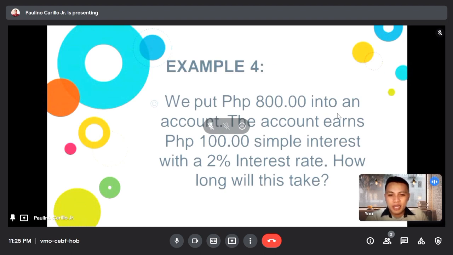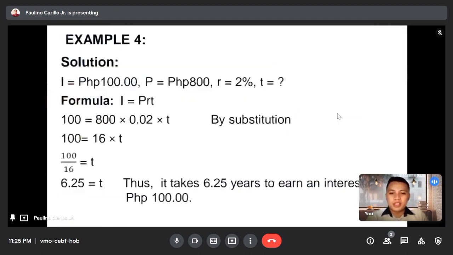We just determine the given values. I equals 100 pesos and our principal is 800 pesos. Our R is 2%. Using the formula a while ago, we have I equals 100, our P equals 800, our R is 0.02. 0.02 times 800, we have here 16.